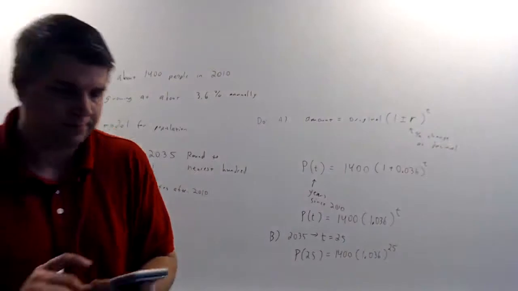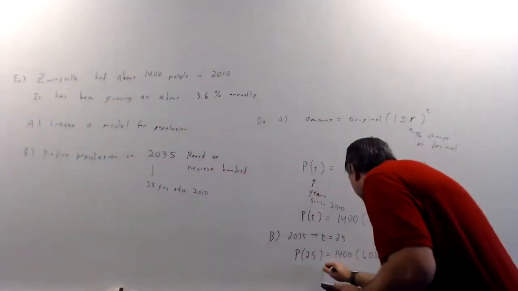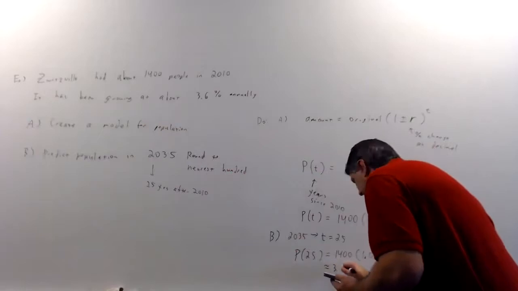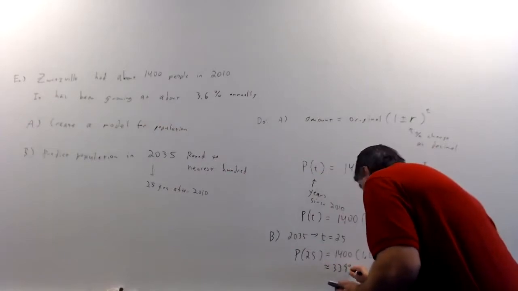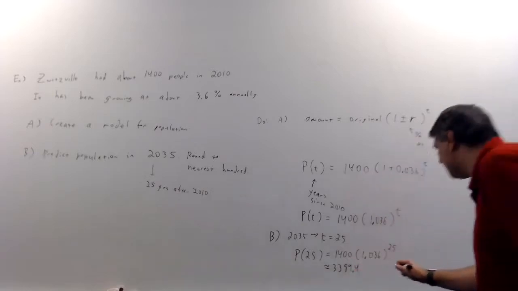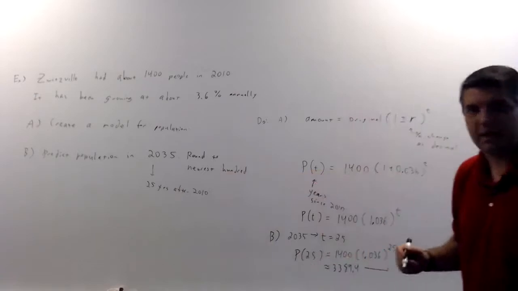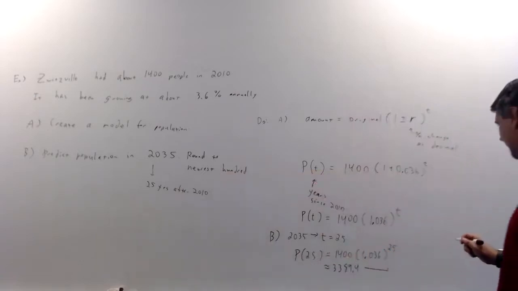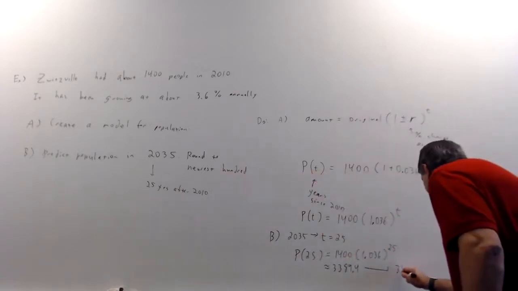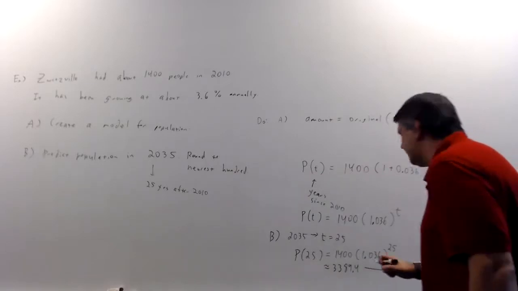Okay? So this is approximately 3389.4. Okay? But because it's population, we normally round this to the nearest whole person, 3390 people.